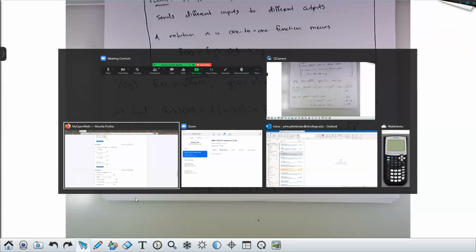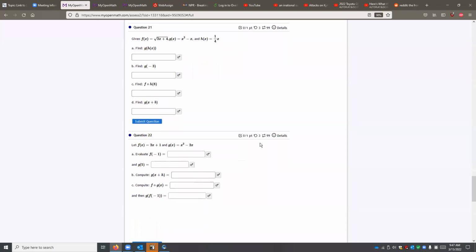We also wanted to take a look at number 22, part B. Is there anything else good in here? 22. Let's look at both B and C. So here we're told that f of x is 2x plus 1, and g of x is x squared minus 2x.